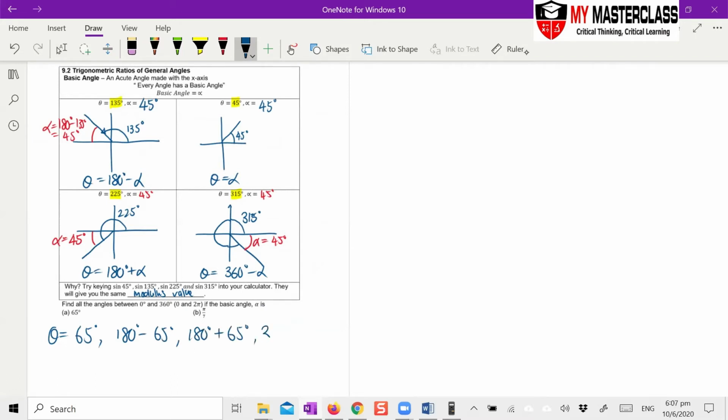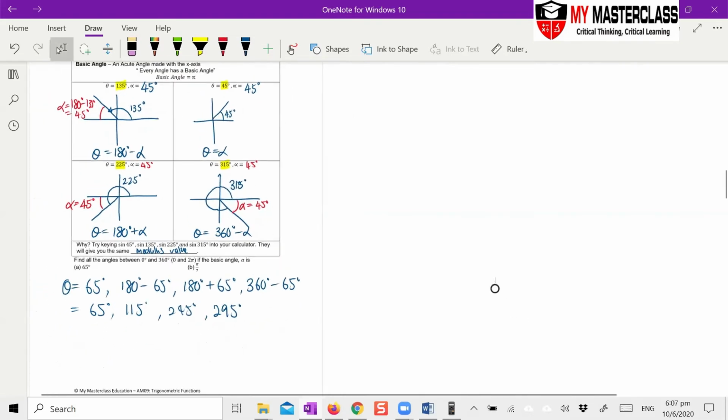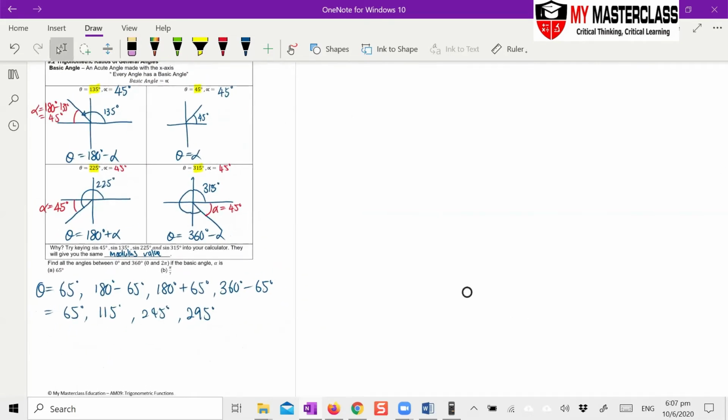And the fourth one is 360 degrees minus 65 degrees. Remember, one basic angle can always give you 4 angles.